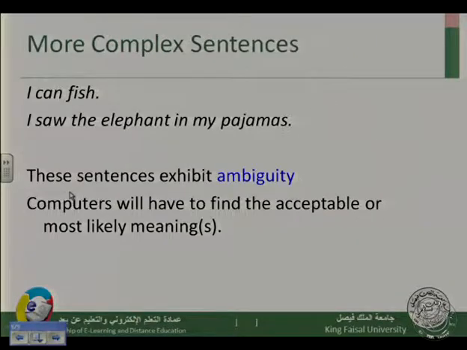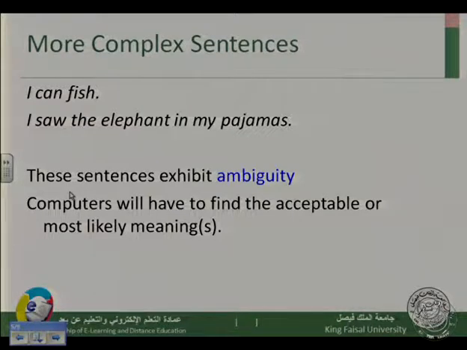So let's see the problem here. I can fish. I saw the elephant in my pajamas. This is what we talked about in last lecture. We have a structural ambiguity here. I can fish. It means I can go to the sea and I can fish. Or it means I put fish in cans.